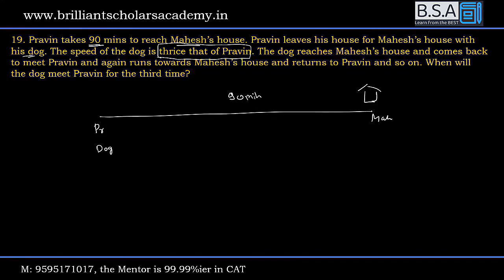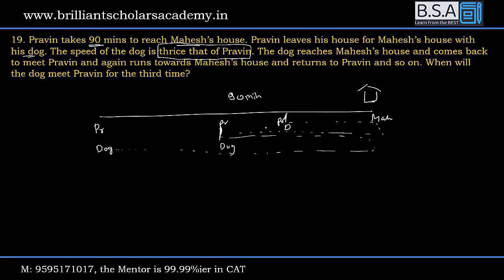The dog reaches Mahesh's house and meets Praveen and again runs towards Mahesh's house and returns to Praveen and so on. So the dog keeps on running in this manner. Dog goes to Mahesh's house, comes back and meets Praveen, and then again the dog goes forward and comes back, again meets Praveen.